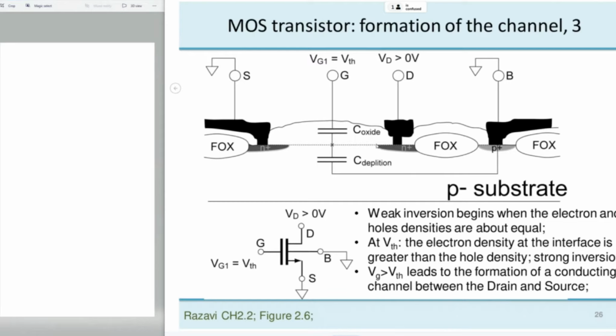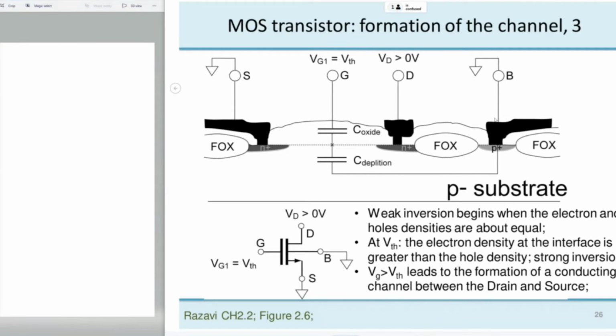Weak inversion begins when the electron and hole densities are about equal. At threshold voltage, the electron density at the interface is greater than the hole density. When the density of electrons is greater than that of holes, we are getting into strong inversion. Gate voltages higher than the threshold lead to the formation of a conducting channel between drain and source.